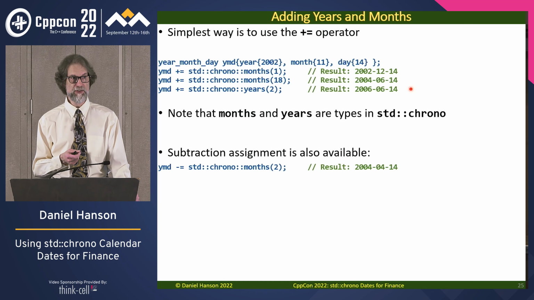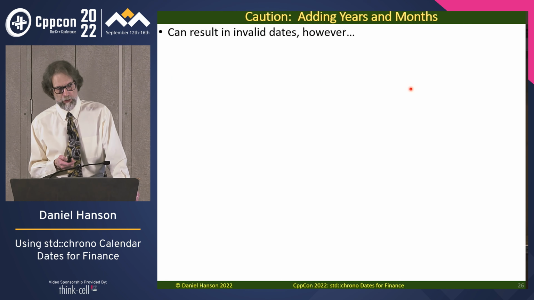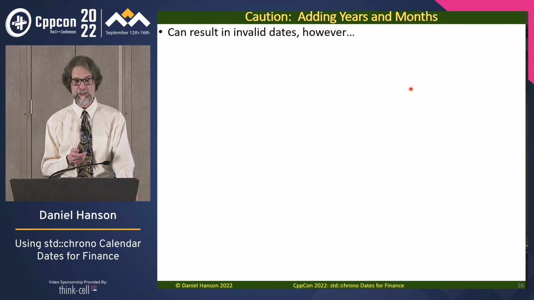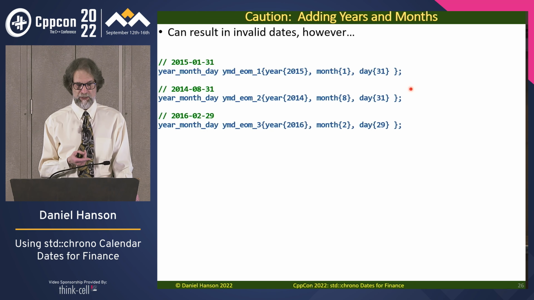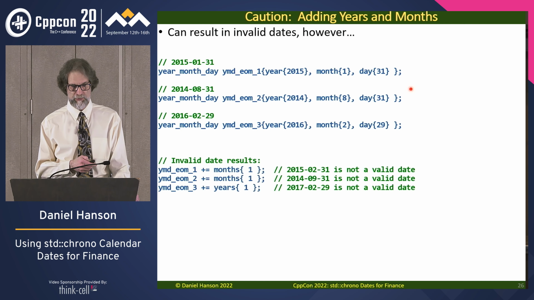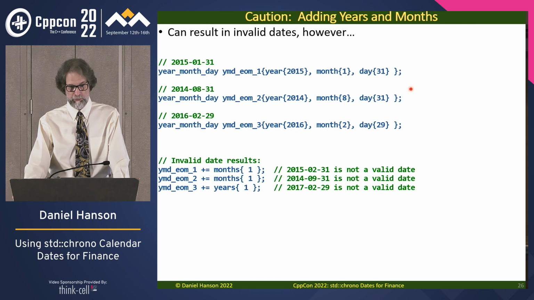And subtraction assignment is also available. Again, a word of caution. When adding years and months, this can also result in invalid dates. So if we have these end of month cases here, so end of January, end of August, and end of February in a leap year, if we carry out these additions, you can see, well, there's no February 31st.